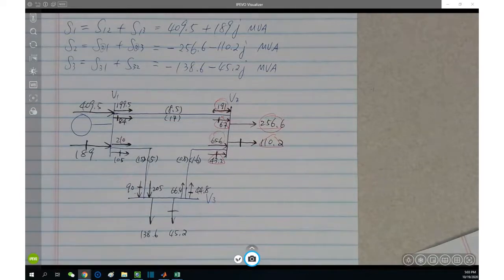Any questions regarding this example? It's required that the complex powers all be on a specific side when you're labeling your line, right?